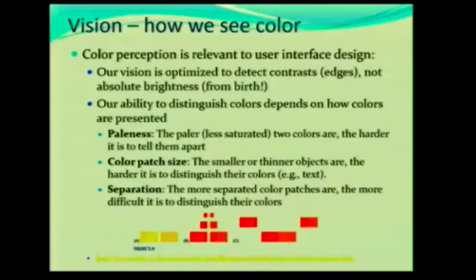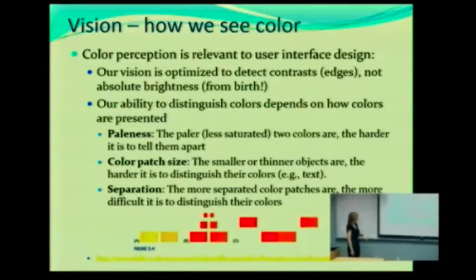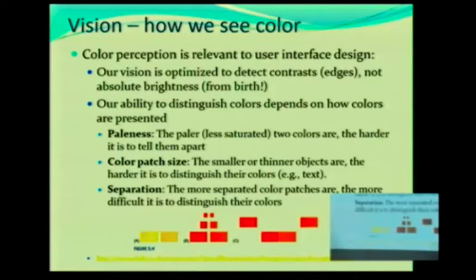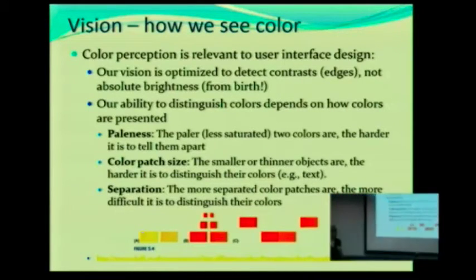So in the Johnson book, when you look at these two examples, from afar, especially the paler you get, the harder it is going to be to tell them apart. So here we have kind of a pale goldish yellow, and here we have a neon yellow. As it gets brighter, you think it's going to be easier to see them? Yes. As they get paler, it's going to be harder and harder.